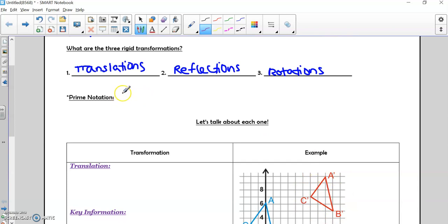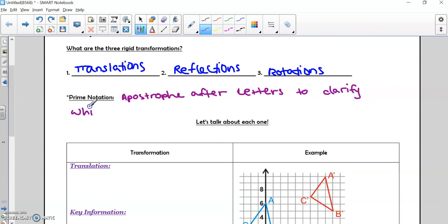So what we can say is that you have to put the apostrophe after a letter to clarify which figure is the new transformed one.